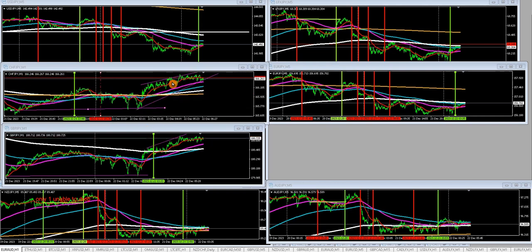Here, you've got Swiss has made pound's made a higher high, but Swiss's higher high is not as high as pound's. You can see it's not as steep, which would tell us right there from this point that our pound Swiss is now, in theory, becoming positive.